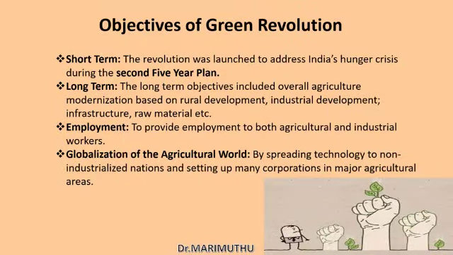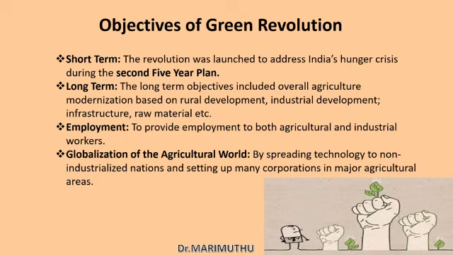In this session, you have to see what are the aims or objectives of the Green Revolution. There are 4 objectives: the short-term, long-term, employment, and the globalization point of view. Coming to the short-term objectives, the revolution was launched to address India's food crisis during the second 5-year plan. Long-term objectives include the overall agriculture modernization based on rural development, industry development, infrastructure, raw materials.